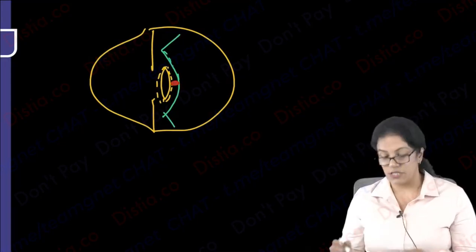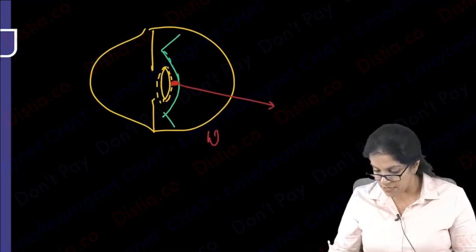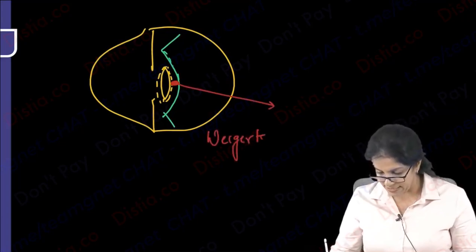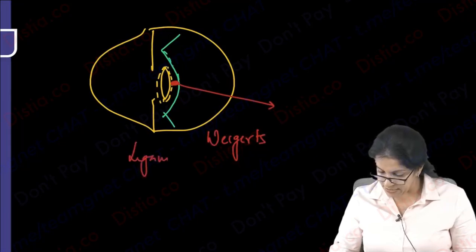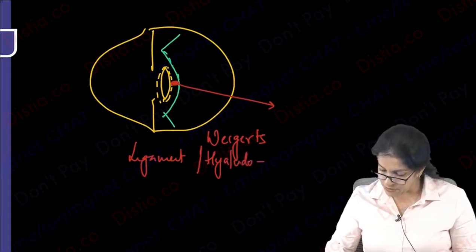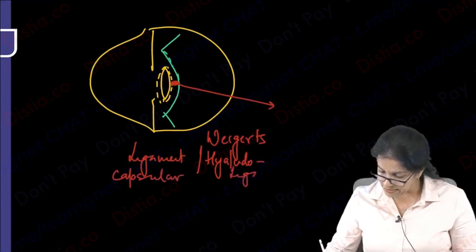This strong adhesion is called Wegner's ligament. The other name of Wegner's ligament is hyaloidocapsular ligament.